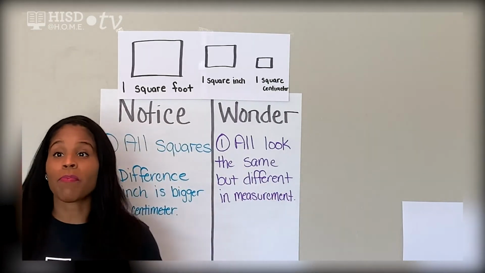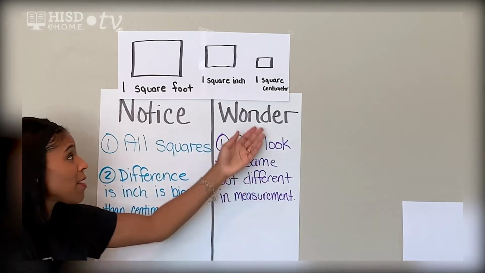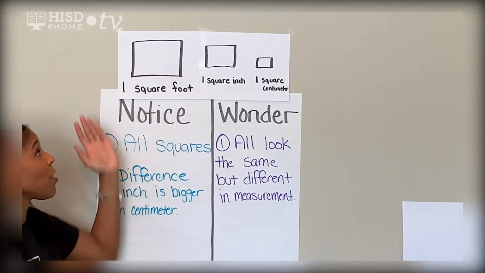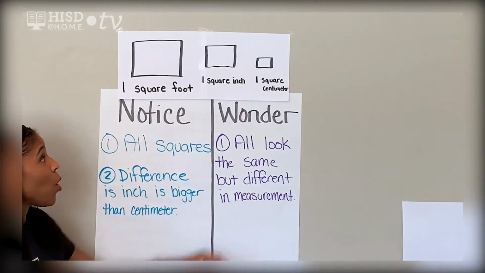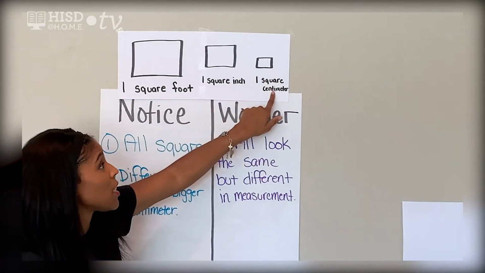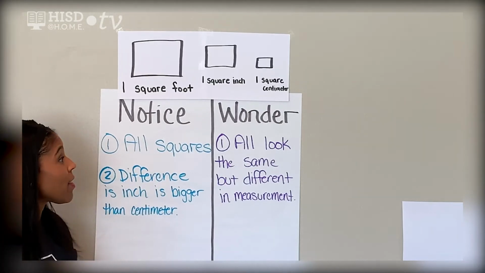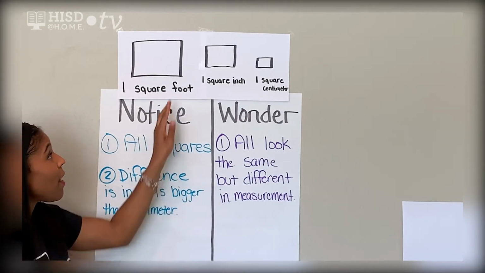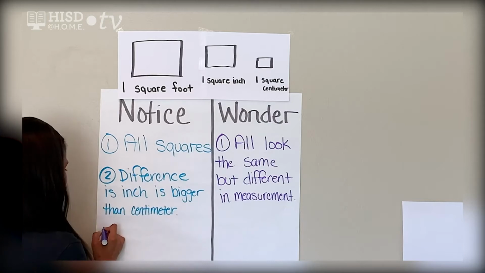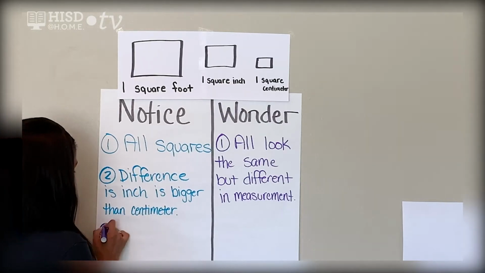Wow, those are the things that I noticed. These are things that I wonder. I noticed that they're all squares, and then I noticed that the inch is larger than centimeters. I also noticed that not only that, my foot is larger than my inch. I'm going to add that on.